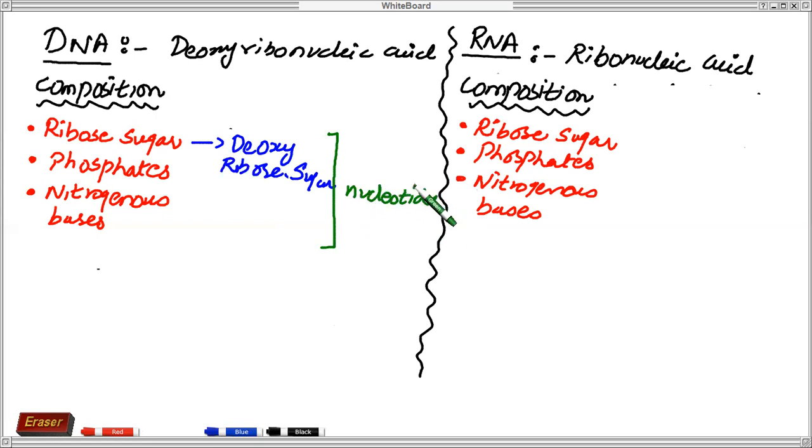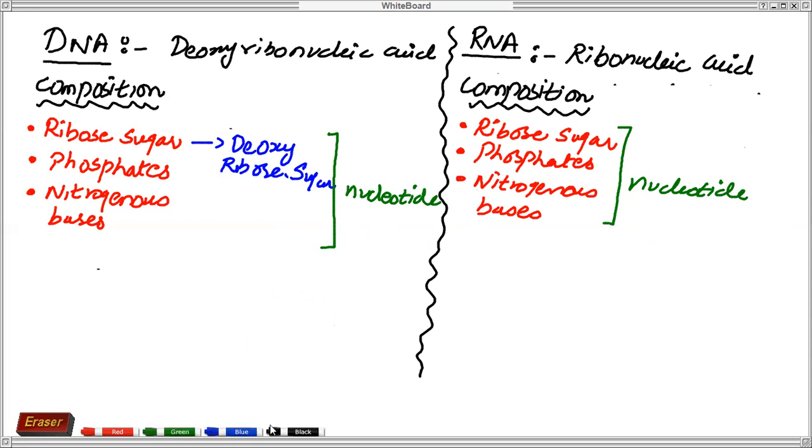So there is a difference between the composition of DNA and RNA.